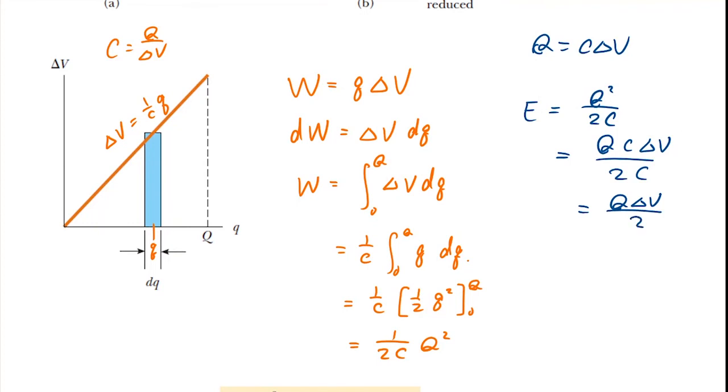If you substitute one more, then this is C squared delta V squared over 2C, and the C's cancel, so it becomes 1/2 C delta V squared. So these are 3 equivalent expressions.